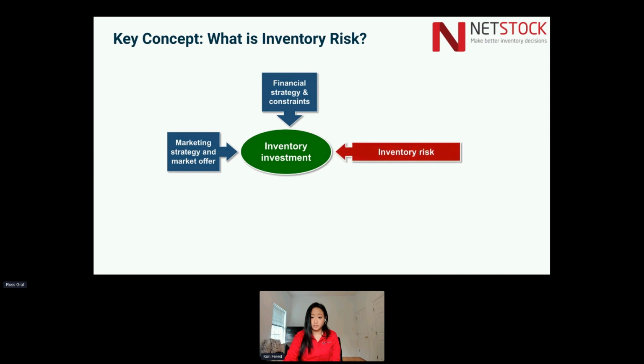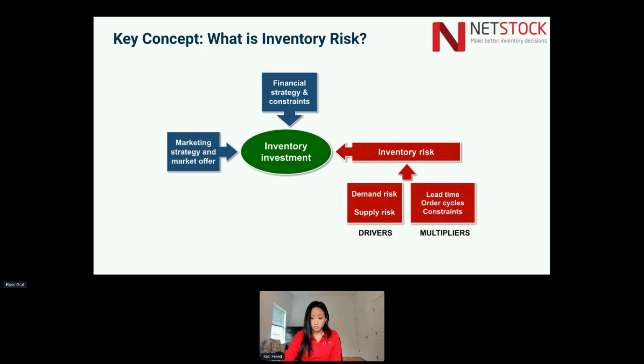But then we bring into the mix that concept of risk, right? So what is the risk of our availability? How are our suppliers performing? How well do we understand our demand environment? And so that impacts how much inventory investment we make, because we have to have a safety stock or a buffer stock to manage those different demand and supply risks that feed that, plus all the other multipliers that come into play, right?